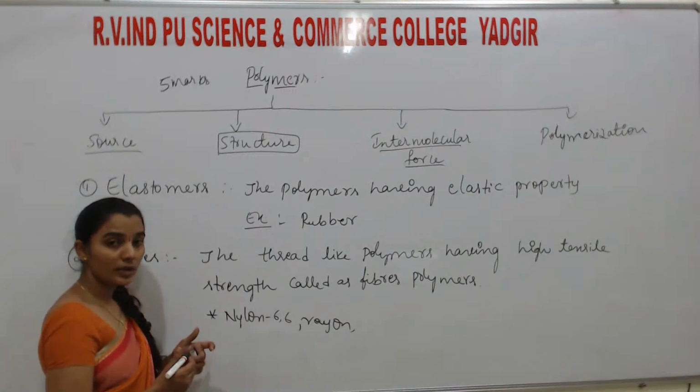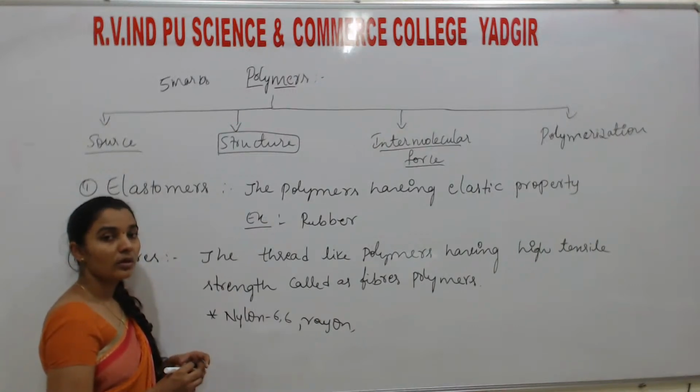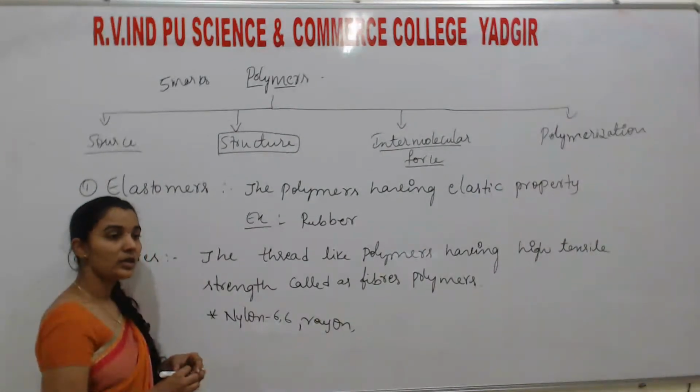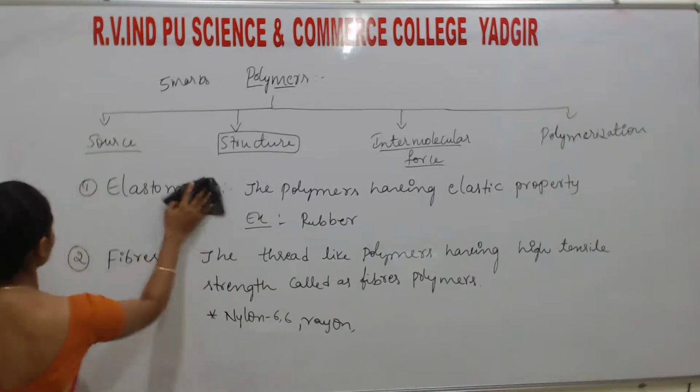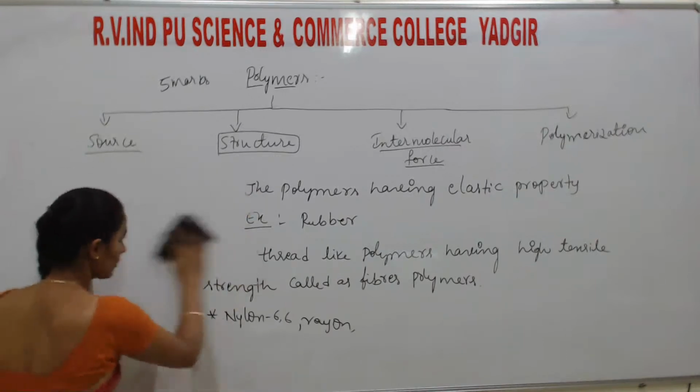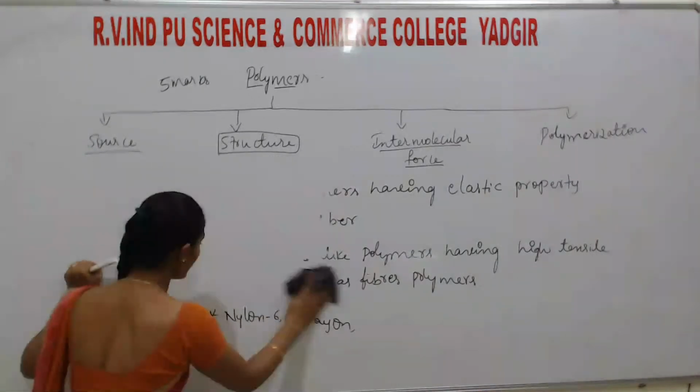Understand? So the third one is thermoplastic. Another one is thermosetting plastic. Okay. So I'll write the different ones at the same time.